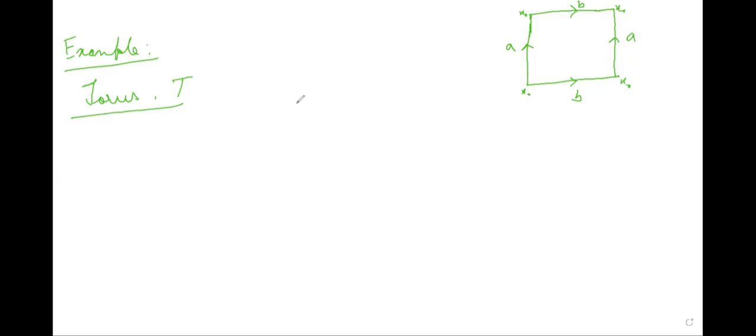So this is your torus when you identify this with this and this with this.